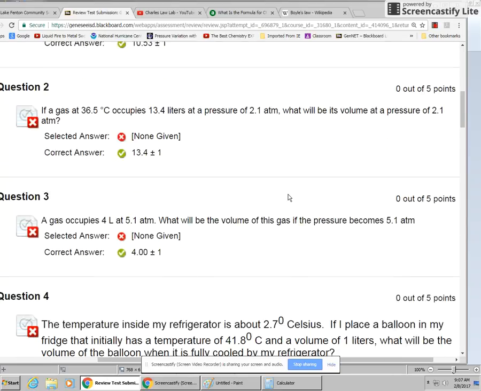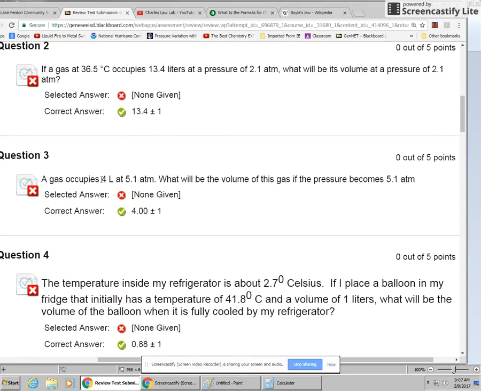All right, so let's take a look at this. You've got a volume and a pressure, and you're looking for volume. So just because you don't have temperature, what can you do to this one? What's the order of operations? Isn't it just first number times second number divided by third number?